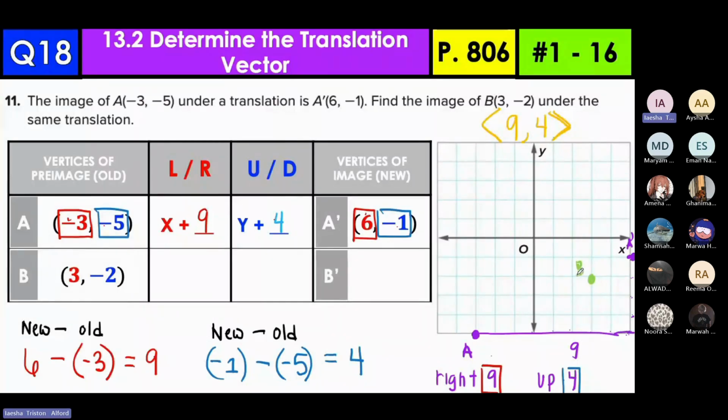I'm not going to have space, but I know that I'm going to go right 9. So I should do +3 plus 9 and -2 plus 4 to get the new number.